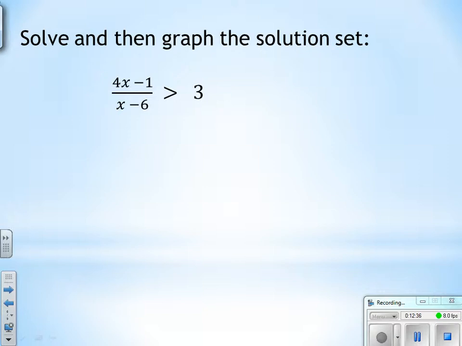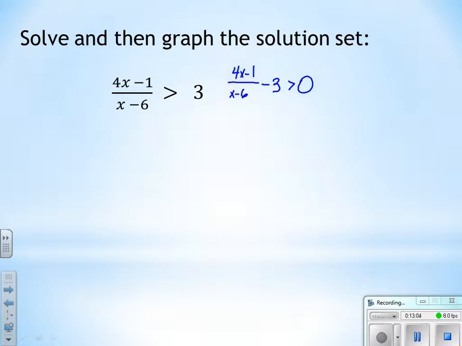All right, so let's look at an example of one of them. So if I have 4x minus 1 over x minus 6 is greater than 3, first thing I'm going to do is bring my 3 over and get a 0 on the right-hand side. Okay, now in order to simplify that, I'm looking at combining these two numbers, and I need common denominators.